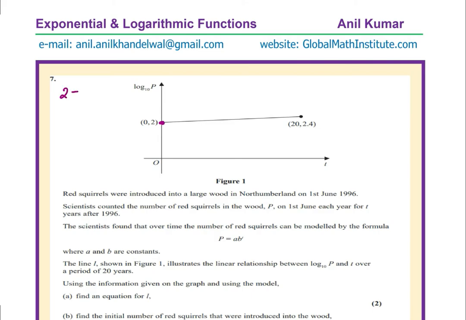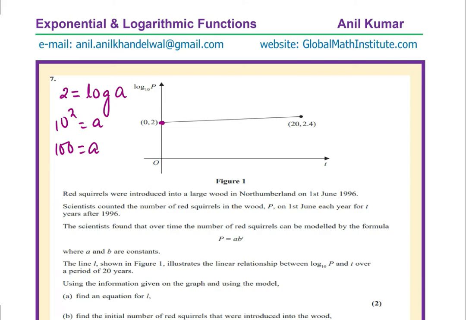This 2, which is the log of a, gives us the y-intercept. And from here, we can say 10 to the power of 2 is a, or the value of a is 100. So that gives you the initial population of the red squirrel introduced in the woods, correct?